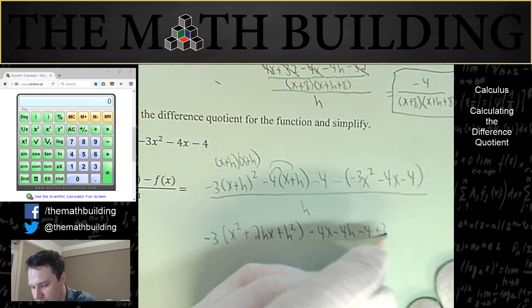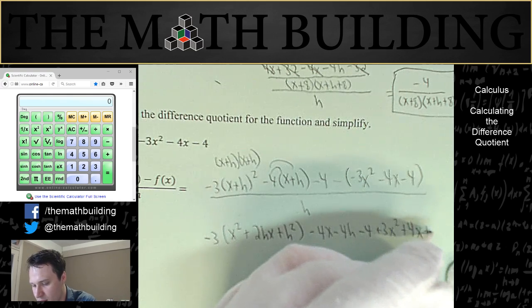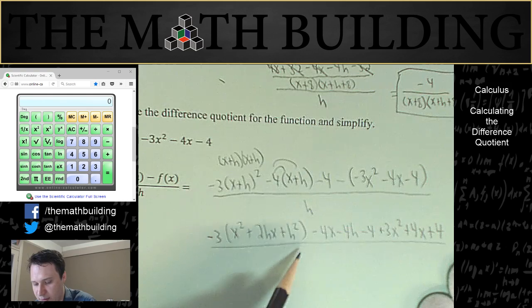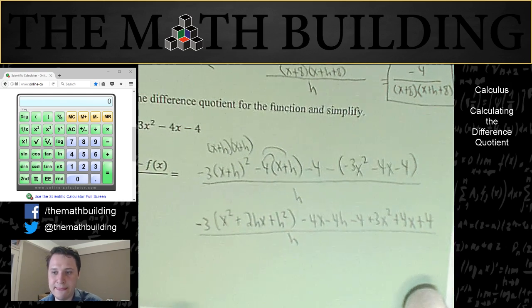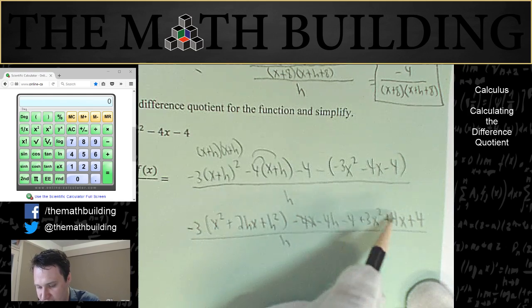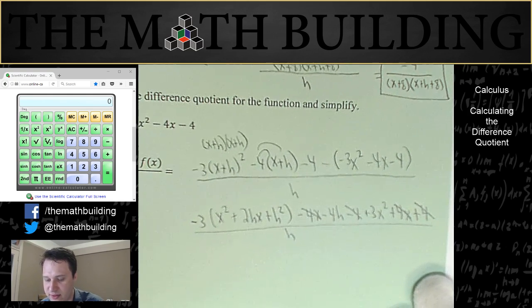So that'll be plus 3x squared plus 4x plus 4, all of that divided by h. I see already that some stuff is going to cancel. Negative 4x cancels with 4x. Negative 4 cancels with 4, so that's nice.